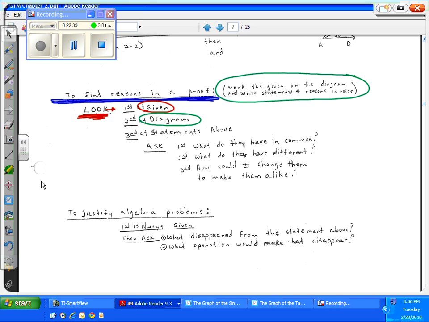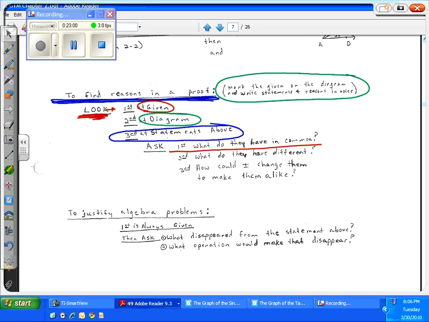Then the diagram second, because if it's there, you're never going to find it in the statements, and you're going to waste a lot of time looking. It's easy to look those two places first. And then if it's not in those places, then you start the intensive digging into the statements above it. Now, when we look into the statements above it, we're going to use a little bit of logic.